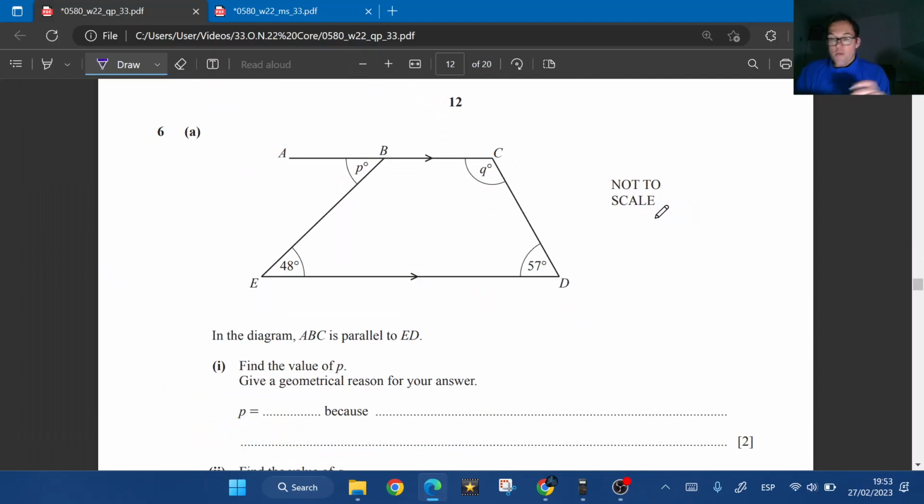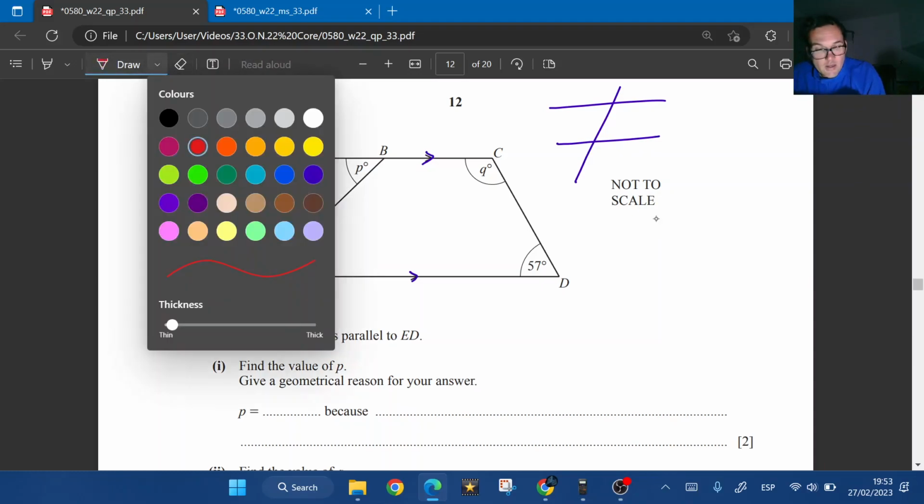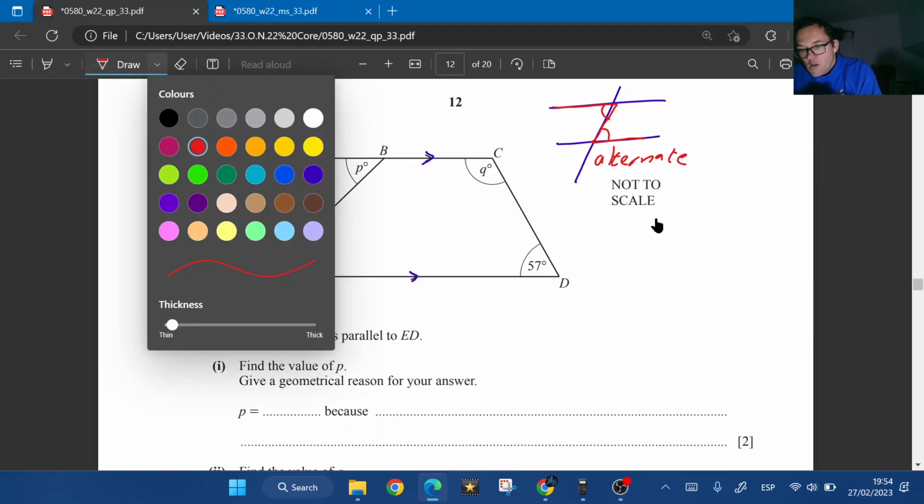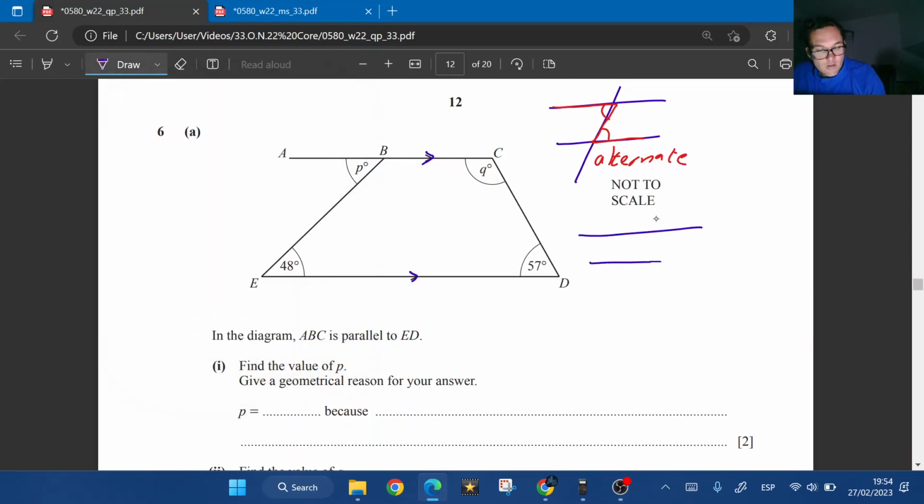Right, the moment you see parallel lines, immediately think, what are these? We got 2 of these. Think for the Z angle, called alternate angles, or remember the other one?